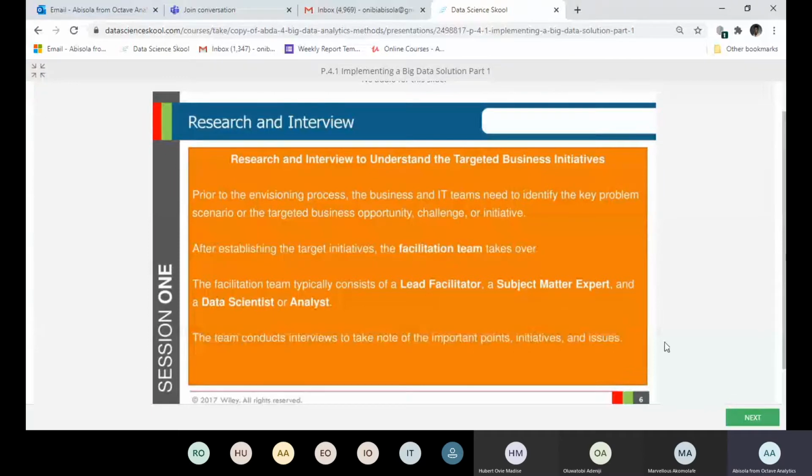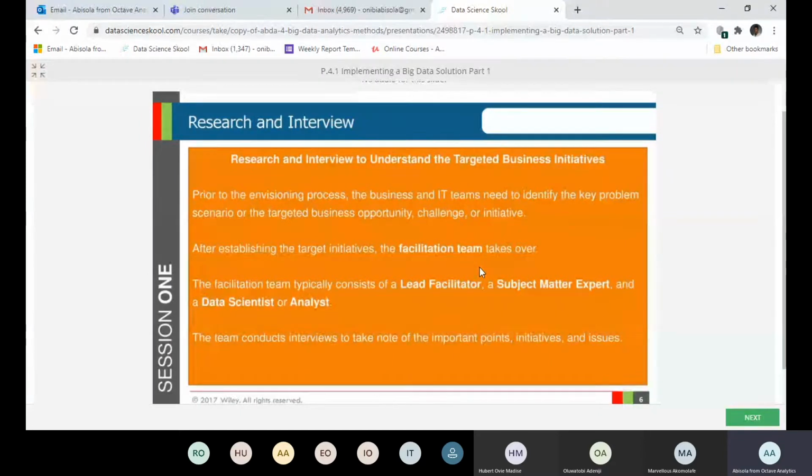So at this particular point, when you have the problem and you're trying to check for how you can go about using a big data solution to drive these business problems, or to create these business opportunities from the challenges you are facing, this is where the facilitation team is developed.